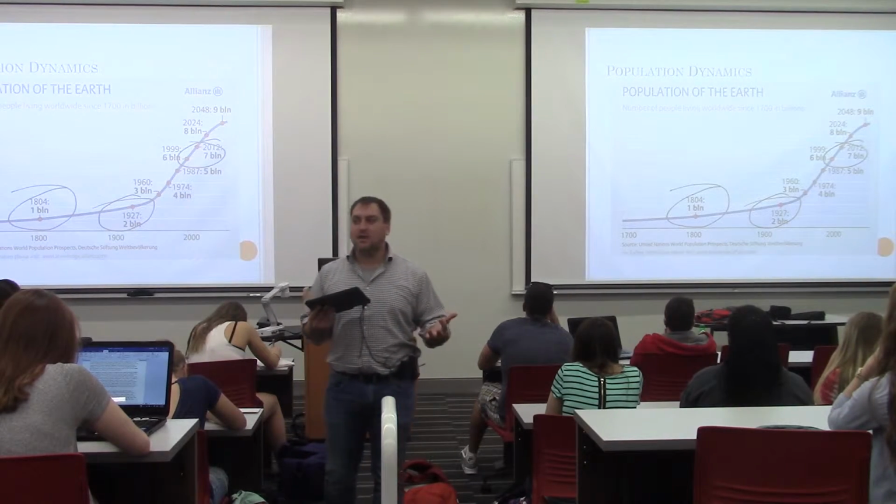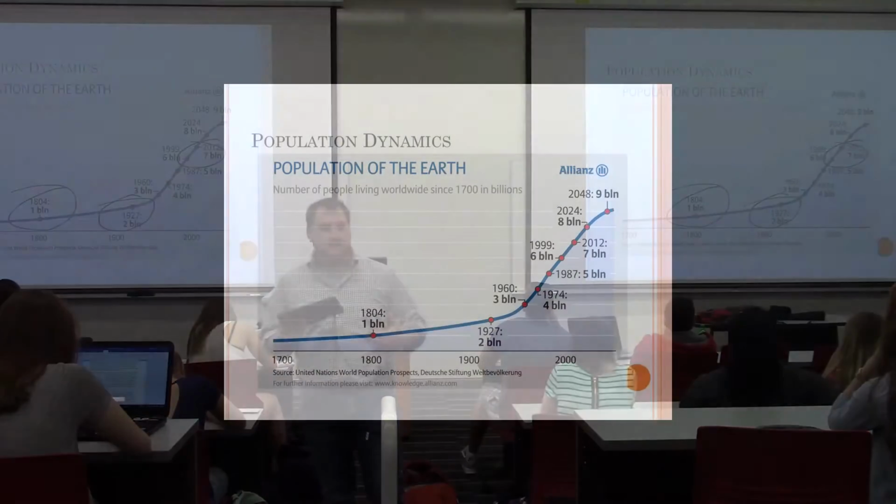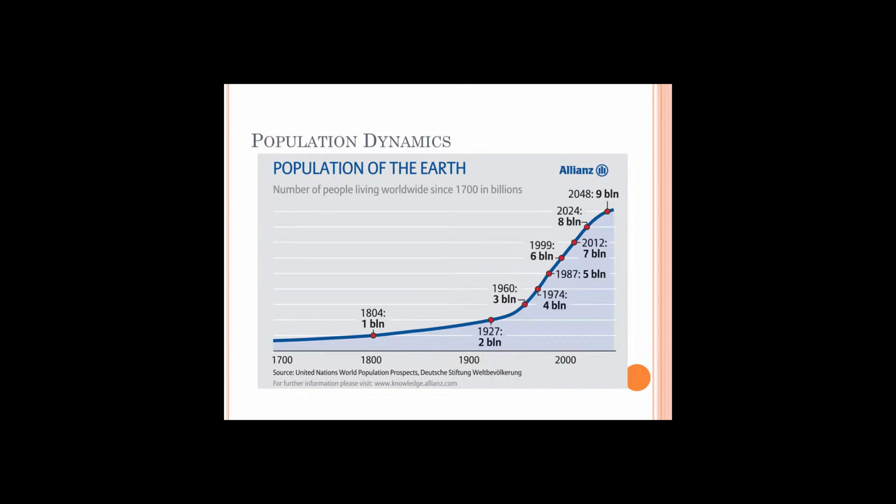Is there going to be problems as a result of this ever-increasing number of people on the planet? Especially on a planet that is limited in terms of its resources. We only have enough food, or enough fuel, or enough land, enough water for so many people. And in fact, this is the hypothesis of a guy named Thomas Malthus.